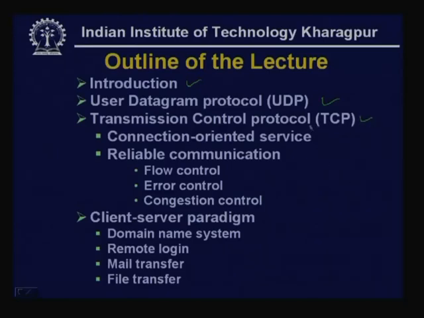As we shall see, UDP is a connectionless, unreliable datagram service. On the other hand, TCP is a connection oriented service and it provides you reliability with the help of flow control, error control and congestion control, which I shall discuss in detail in this lecture.